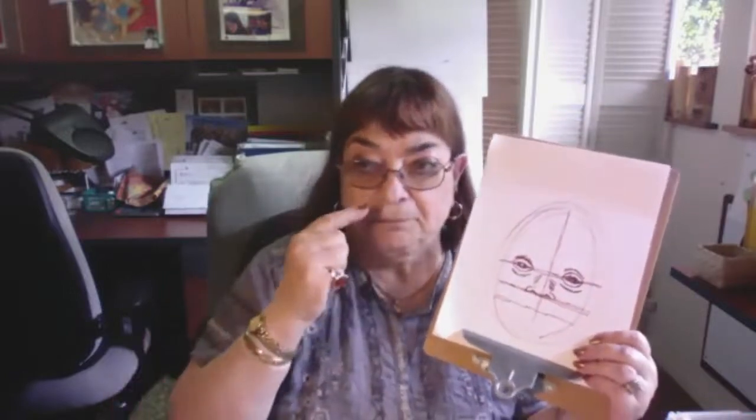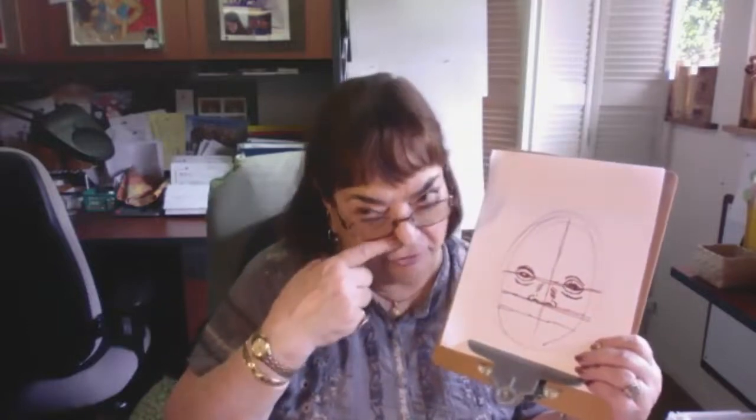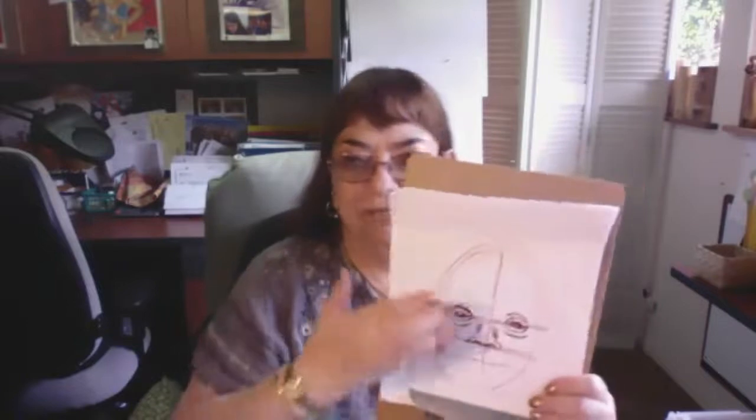This time, if you put your finger on your nose without digging in your nose, of course, and put it on the middle of your lips where your lips meet, and then turn that around, it should come out at your chin. So that's telling you that again, everything is equidistant, symmetrical.